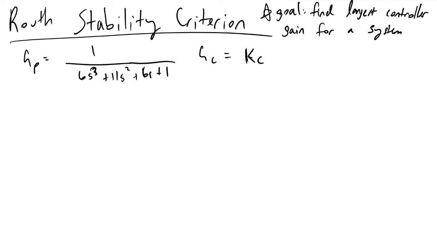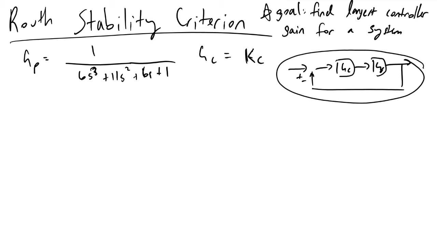If we were to look at the control loop of this process, we would have the error coming in, being analyzed by our controller GC, being input to our process GP, and then exiting before being fed back into our controller. Looking at this system, the closed loop transfer function will have an overall form of GC GP over 1 plus GC GP.